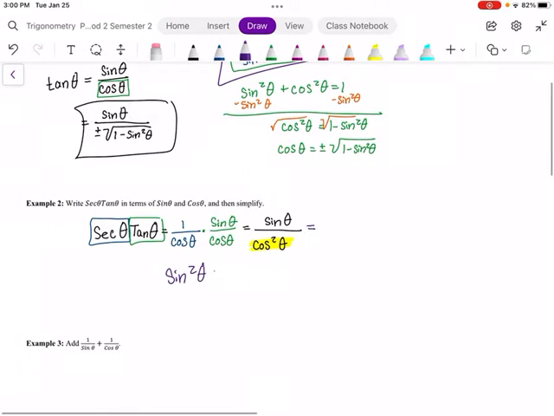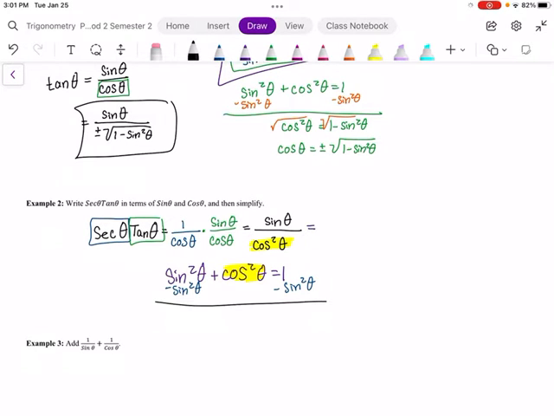So if we have sine squared plus cosine squared equals 1, we need to figure out what just cosine squared equals. So we need to get that by itself. To do that, we're just going to subtract sine squared on both sides. And then we would be left with cosine squared theta equals 1 minus sine squared theta.